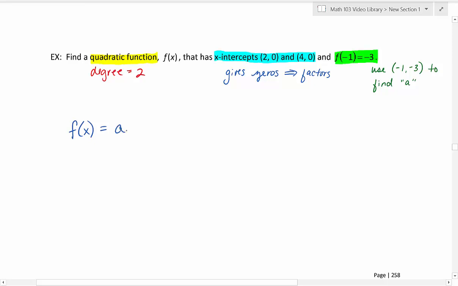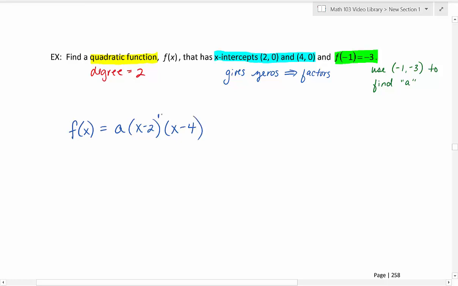We're going to use the x-intercepts to get the factors. Our first x-intercept is (2, 0). So that means that there's a zero of 2. The factor that goes with a zero of positive 2 is x minus 2. Our next x-intercept is (4, 0). So that's a zero of 4, which gives us a factor of x minus 4.